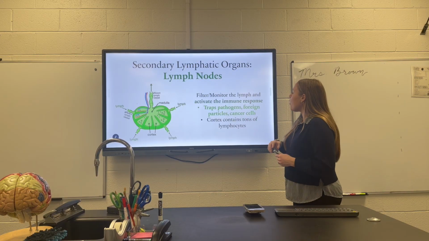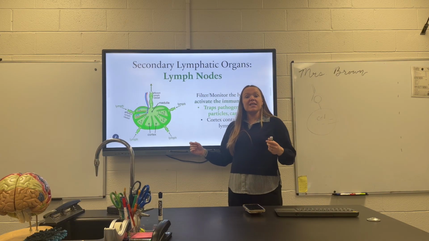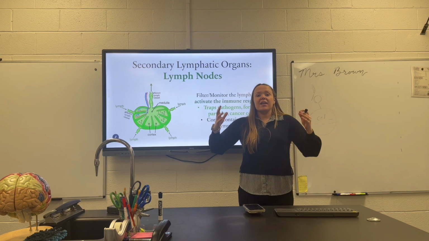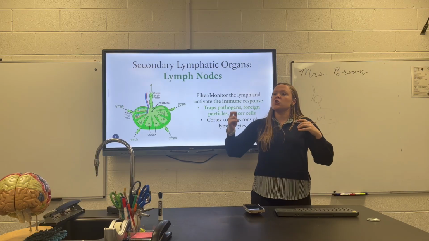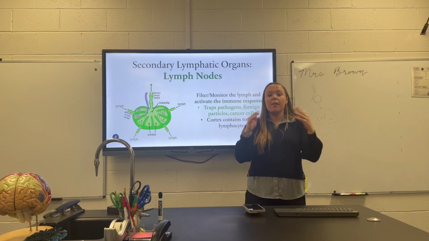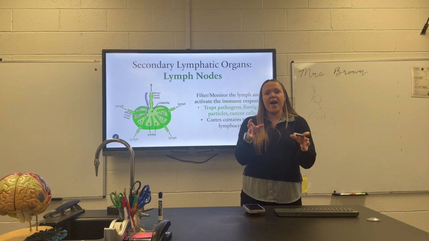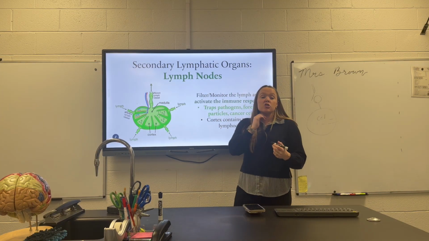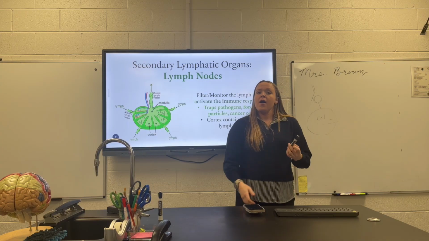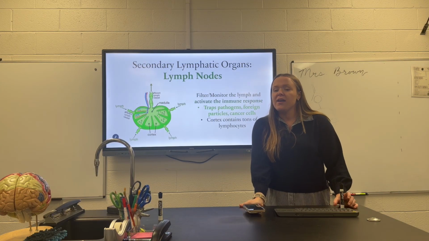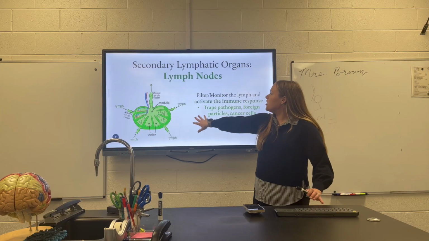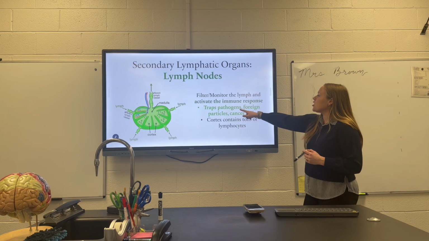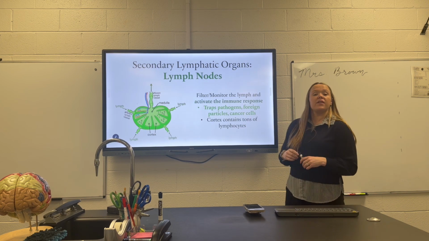And if there is one, then those B cells and T cells can activate, then multiply, go through clonal expansion, and all of that multiplication and activation with all the cytokines and all the different cells being brought to this scene where the pathogen was found causes this lymph node to swell. And so that's why there's swelling when we find a virus, pathogen, or bacteria in your body, because of all this expansion happening in the lymph node. So it traps pathogens, foreign particles, and even cancer cells.